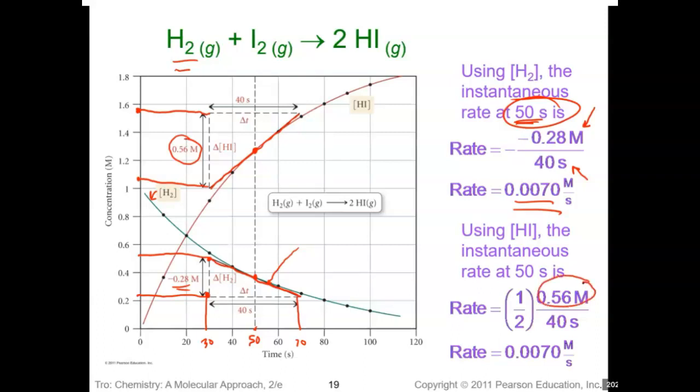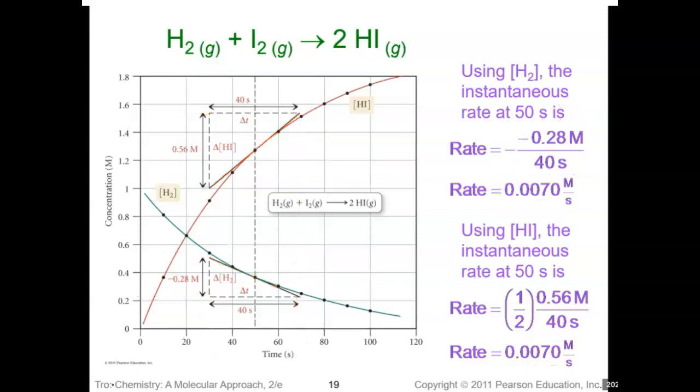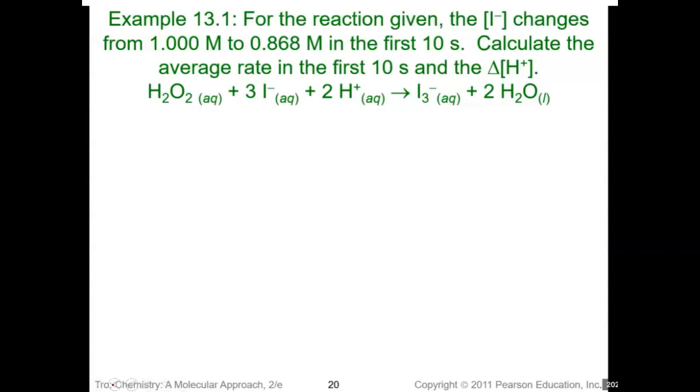Again, 30 to 70 seconds is 40 seconds. But we have to correct for the fact that there's a 2 here, so we multiply by 1/2, and we get the exact same instantaneous rate. Okay, so those are instantaneous rates.